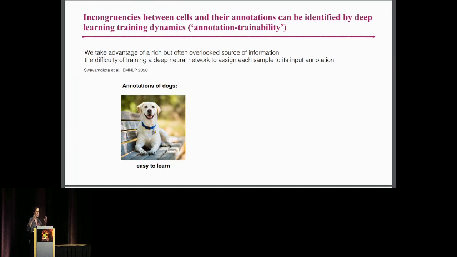So if we look at all of the images that are initially annotated as dogs in the data set, the model would easily predict this as a dog, easily in the sense that over the training process, the probability of predicting this is a dog would go up and saturate very quickly and stay up. So it would be of high confidence and low variability in that sense.